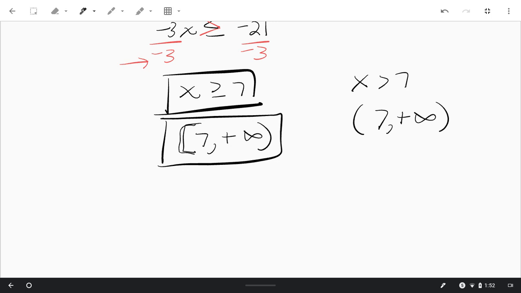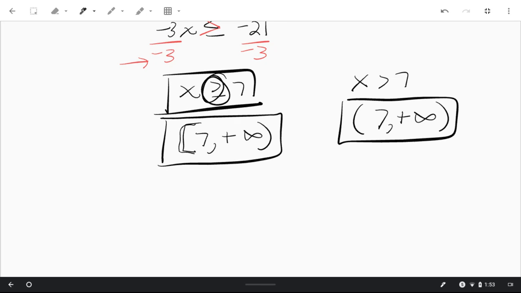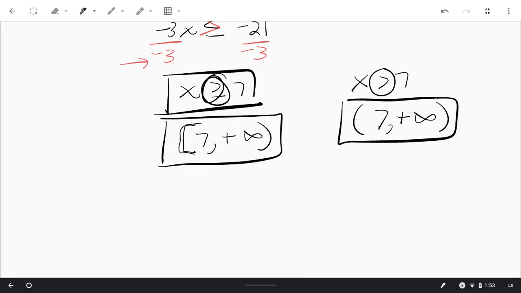So if you have greater than or equal, you will use the bracket. But if you have strictly greater than, you will use the parenthesis.